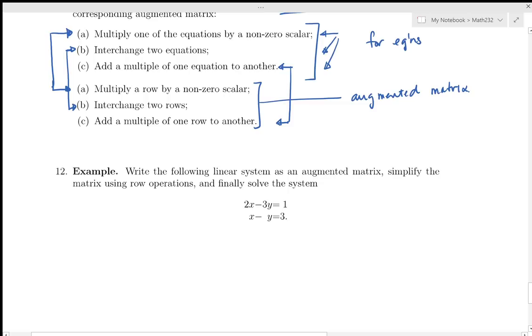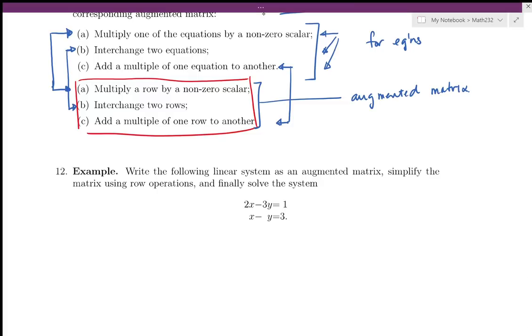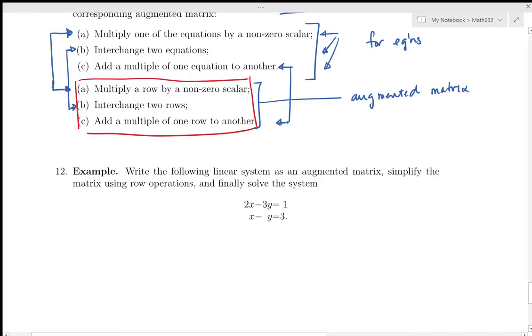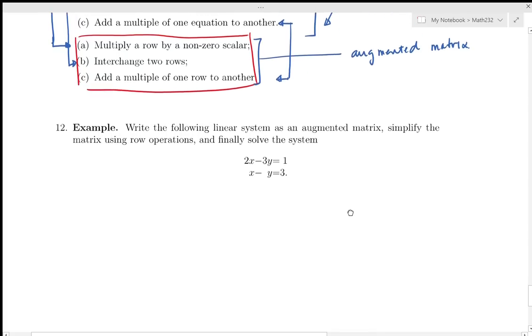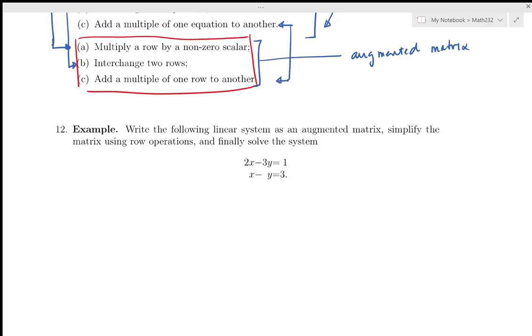We can simplify the augmented matrix using these row operations, these elementary row operations that are these things here, and we can then observe that we can see the solution as we're going. So let's start out here. I'm going to do things both ways, trying to show how these are equivalent. I know you can already solve this 2x2 system, but let's see how we can do it this way.